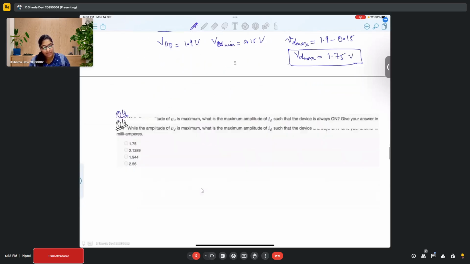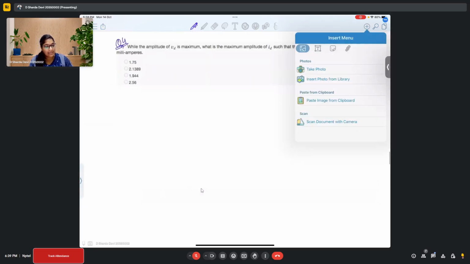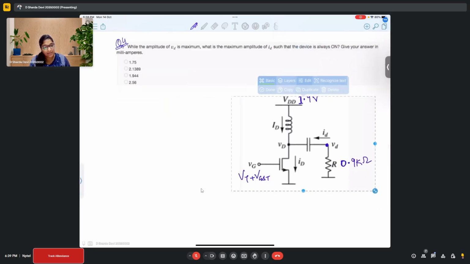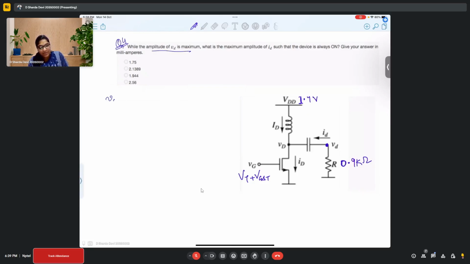Now, for the same circuit, while the amplitude of VD is maximum, that is VD max, 1.75 volts, what is the maximum amplitude of ID such that the device is always on? So ID is this current.